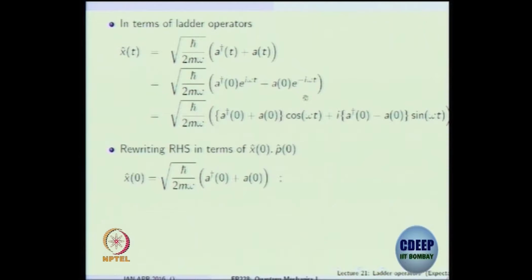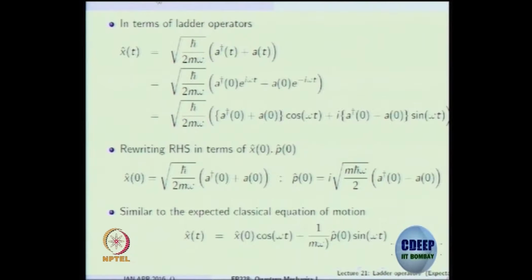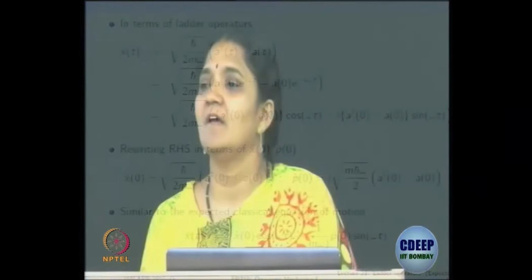So use x of 0 to be this, p of 0 to be this, and you can read off that x of t is x of 0 cos omega t plus, there is a bracket here, 1 over m omega times p of 0 sin omega t. This is exactly similar to your classical physics. Classical oscillator, x as a function of t with its oscillations is exactly like this.